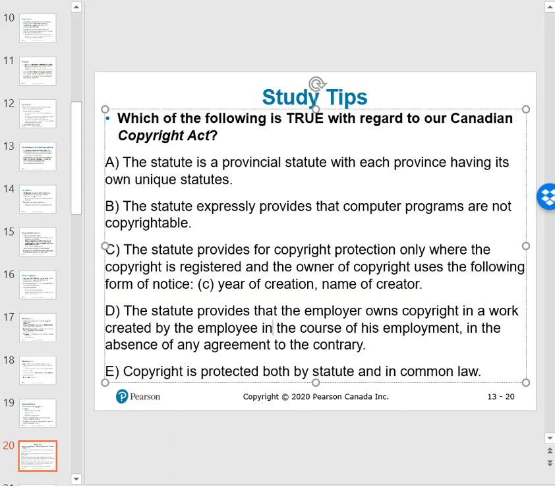So copyright is owned by the employer unless there's anything to the contrary in the employment agreement. Okay, is that clear?